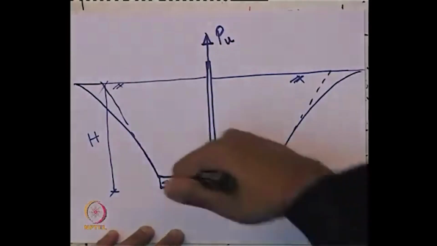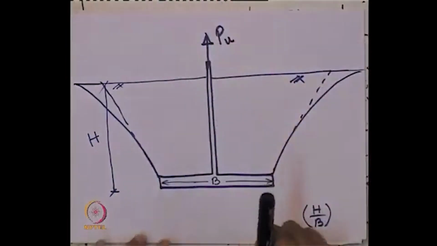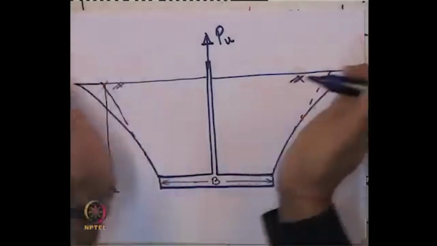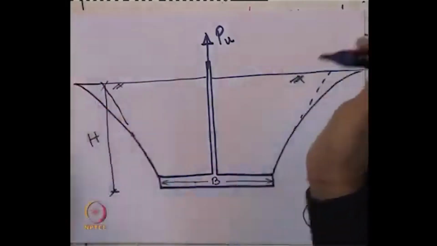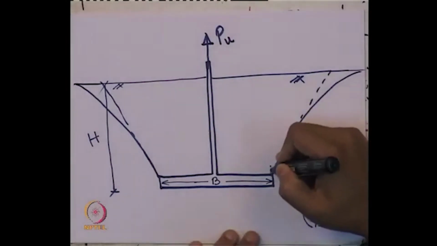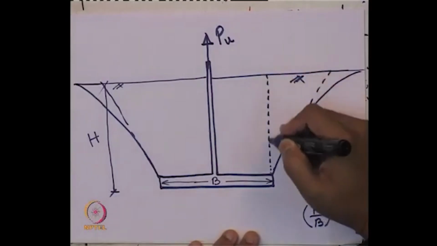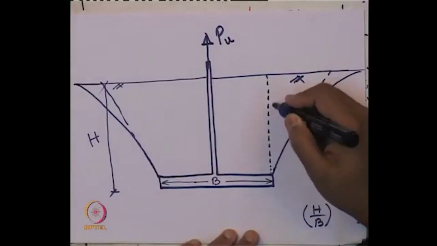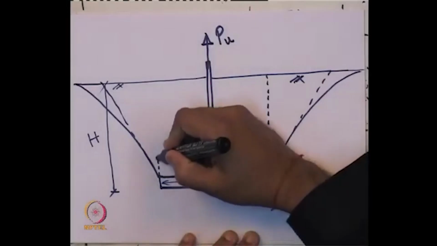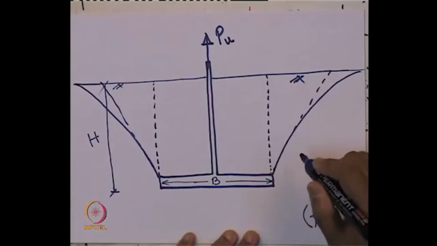That is, when we are trying to pull it out in this direction, obviously the soil above it will push out like this. Okay? So, we need to consider this as an imaginary retaining wall.